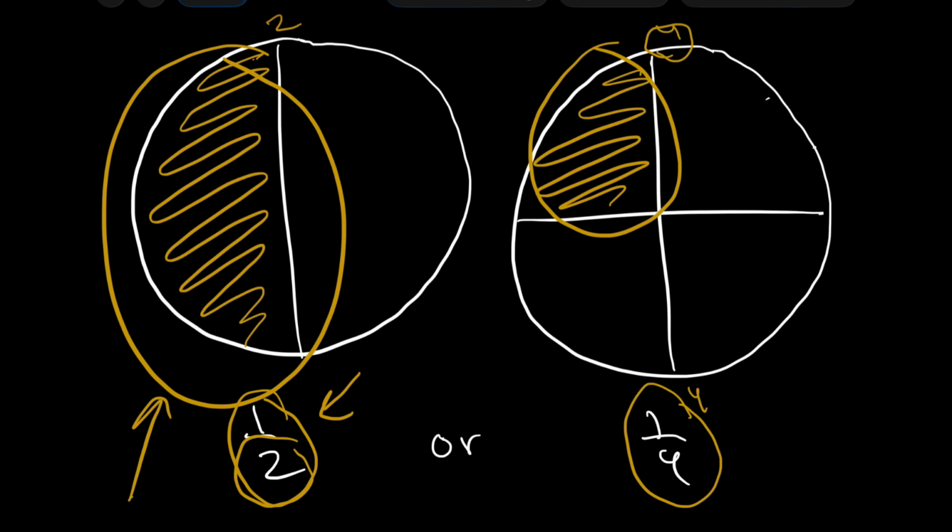So remember, when you're comparing two fractions that have the same numerator but different denominators, the greater one is always the fraction with the smaller denominator, because 2 is smaller than 4.